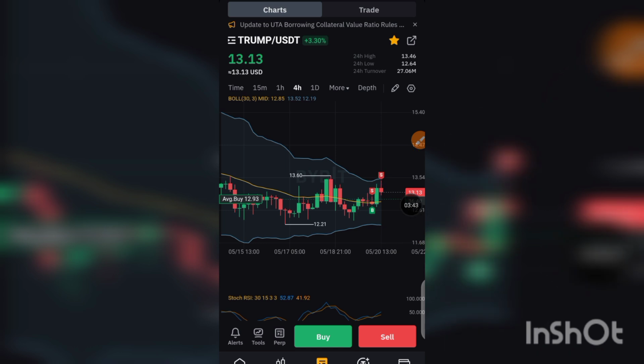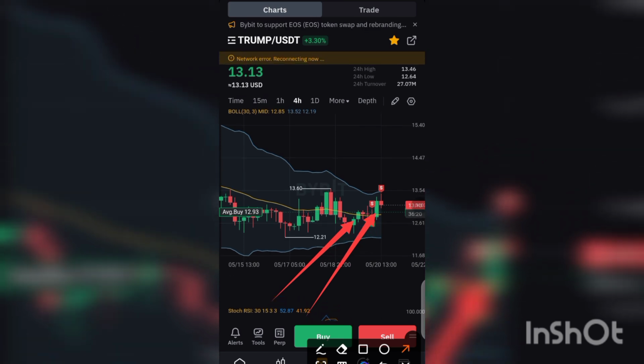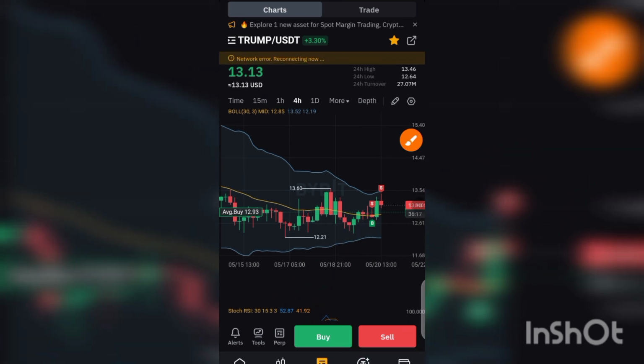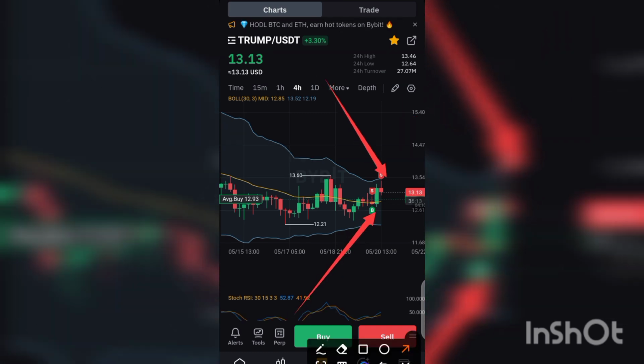The first thing I checked was that the coin was trading below this particular place. And over here you can see I bought. When I saw that there was a green candle, I bought. You can see the sign over here, the sign is below here, and this is when I closed.